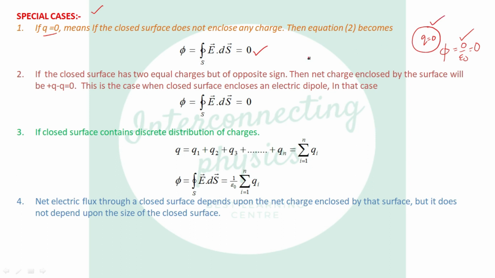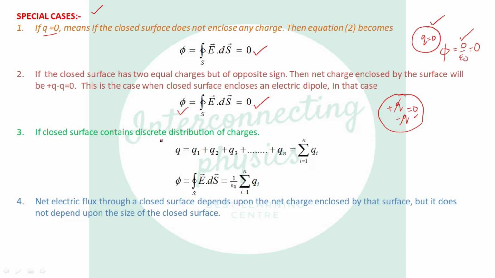Very important point. And if the closed surface has two equal charges of opposite sign, suppose we have a closed surface with plus q charge and minus q charge, the total charge here is 0, plus q minus q, equal and opposite. So in this case the electric flux is also 0.